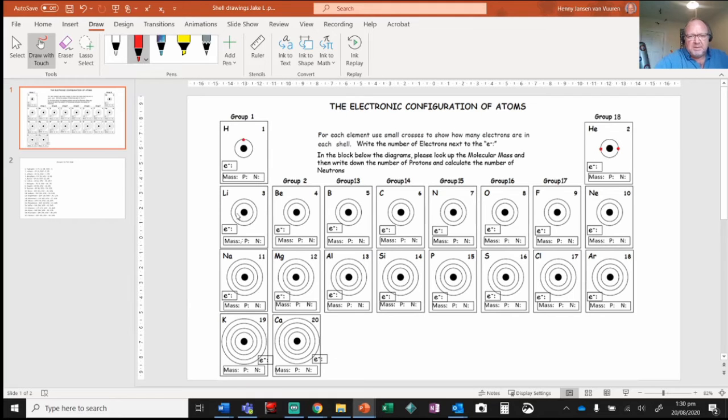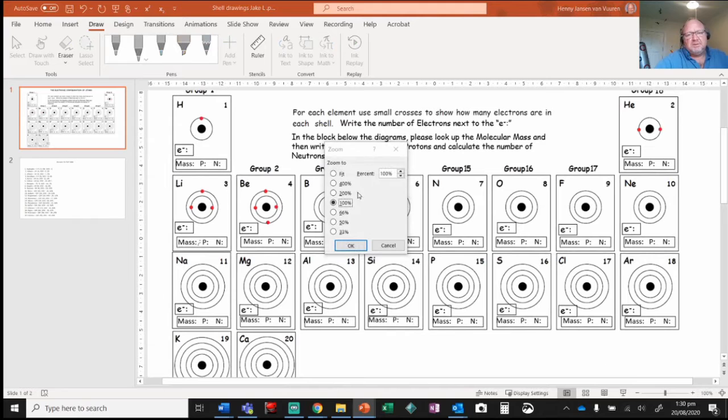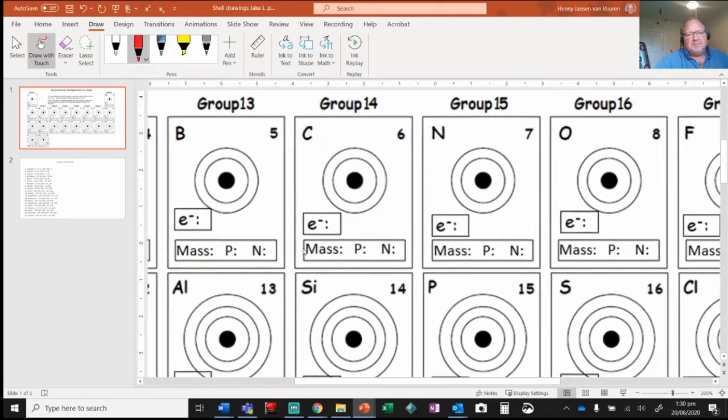Lithium has got 3, so 2 and 3. Beryllium is going to have 2 and 3 and 4. Do you understand? So can you guys please do this for me? To make it even easier, you can just zoom in. Take it up to 200.